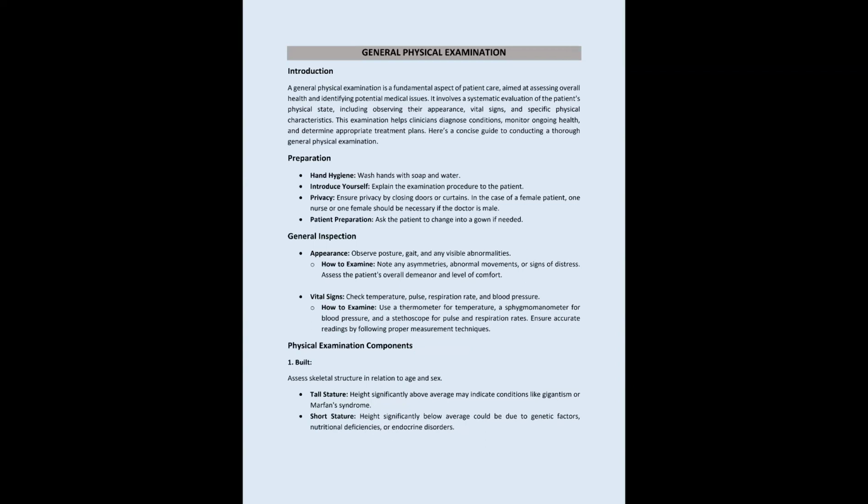Either the patient is malnourished, not feeding well, so the person is lacking protein and albumin in his or her blood. Fluffy hair means low protein level, low albumin level.